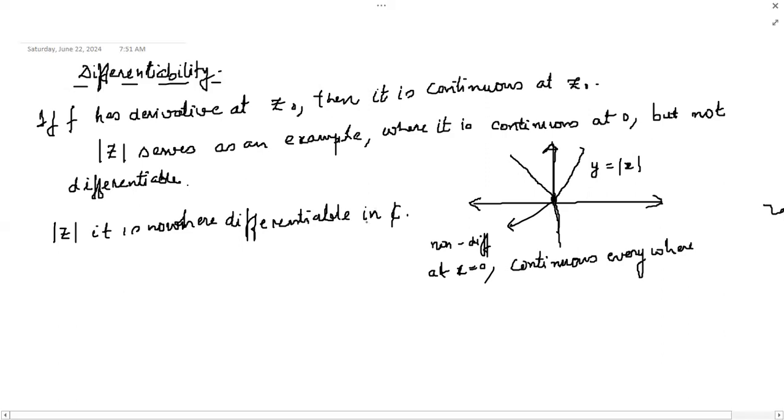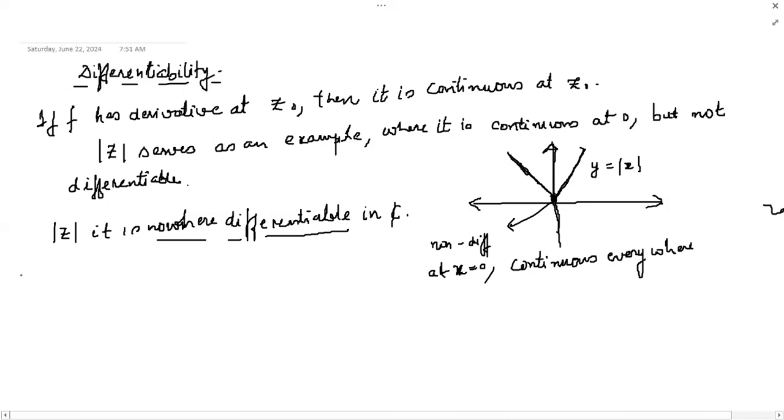However, it is continuous in C, but it is nowhere differentiable in C. In modulus of x, the real counterpart of modulus of z, this is non-differentiable only at a point. Otherwise, it is differentiable. You can see that the slope here is 1, that is y is equal to x, and the slope here is -1, that is y is equal to -x. Okay.